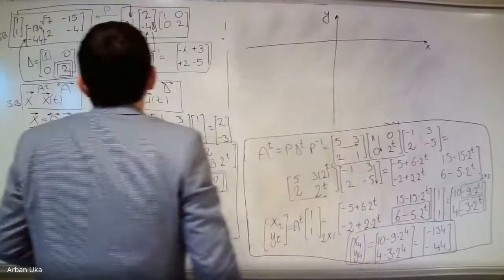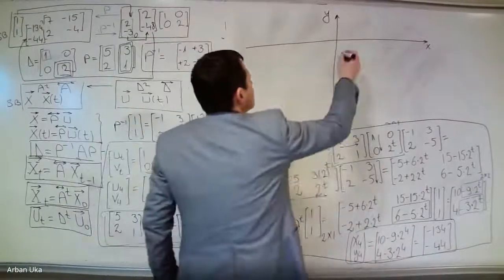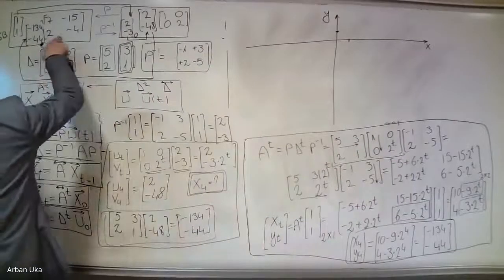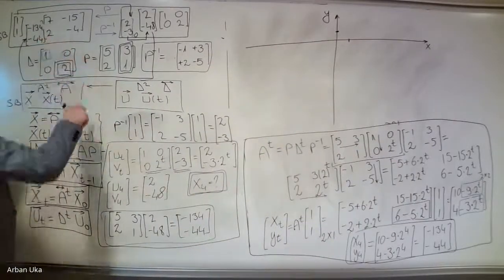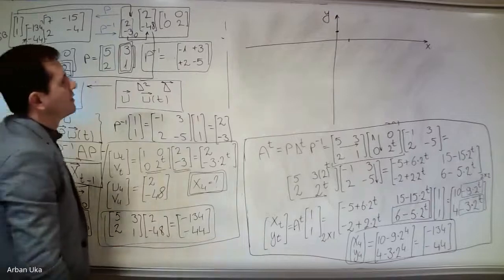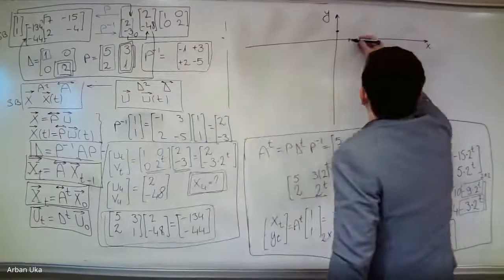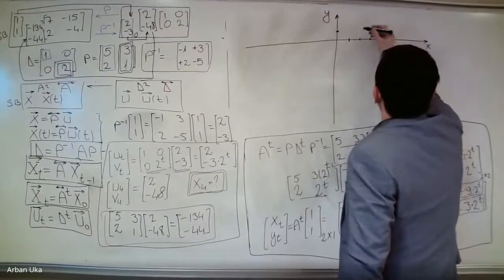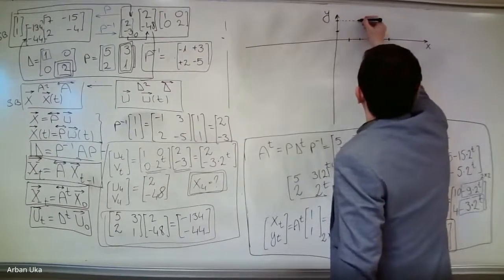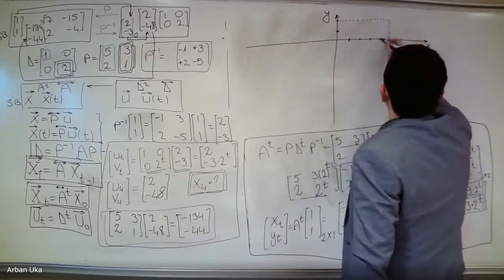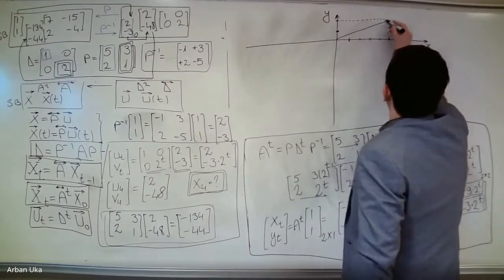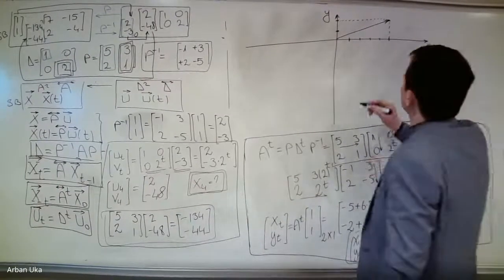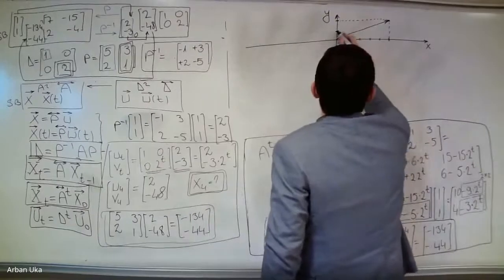Here, the original coordinate system is x and y. So this basis is 1, 0, 0, 1, but the new basis is 5, 2, 3, 1. Now, 5, 2, this is 1, 2, 3, 4, 5, and 2 is this vector. So this is one of the basis vectors in the new domain. And the other vector is 3, 1. 3, 1 is 1, 2, 3, 1 is here.